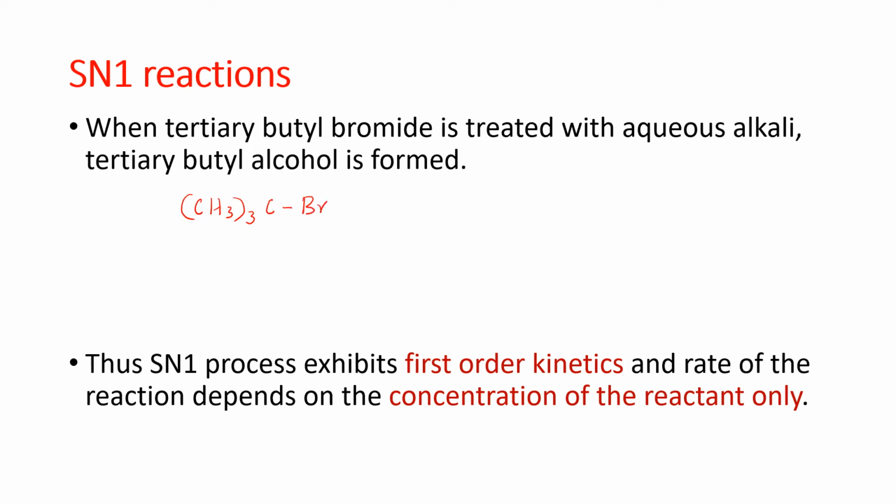So tertiary butyl bromide, when treated with OH minus, we get (CH3)3COH, that is tertiary butyl alcohol, plus Br minus.